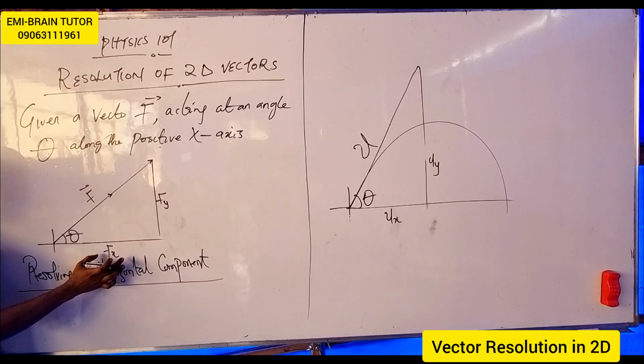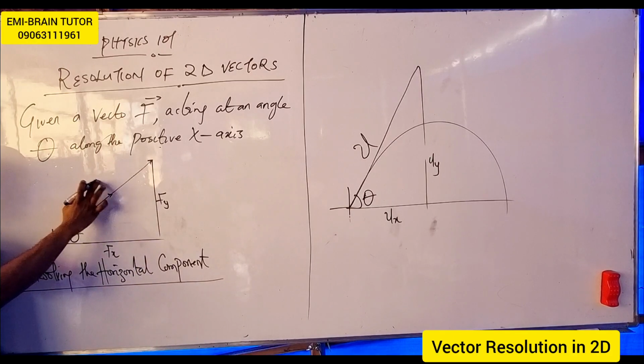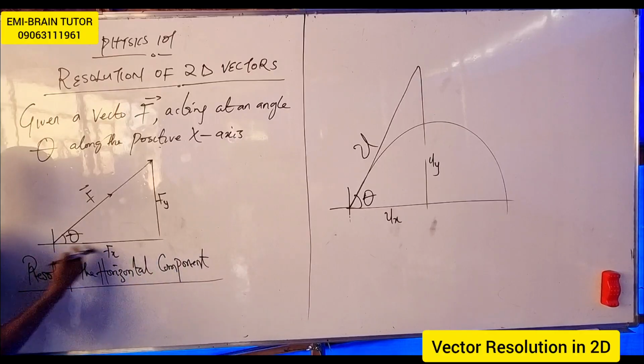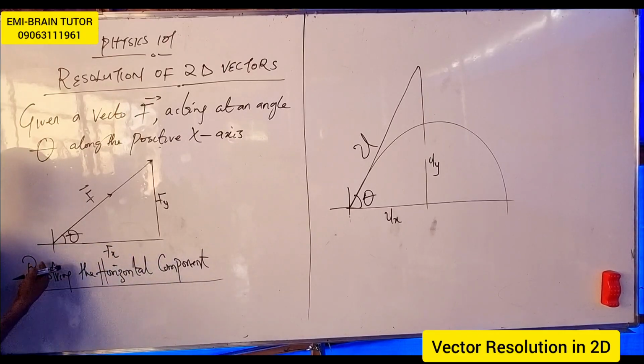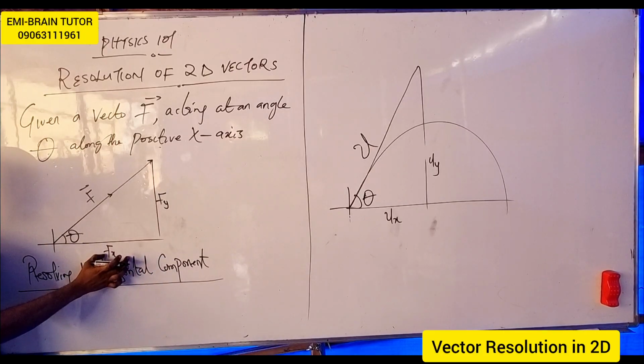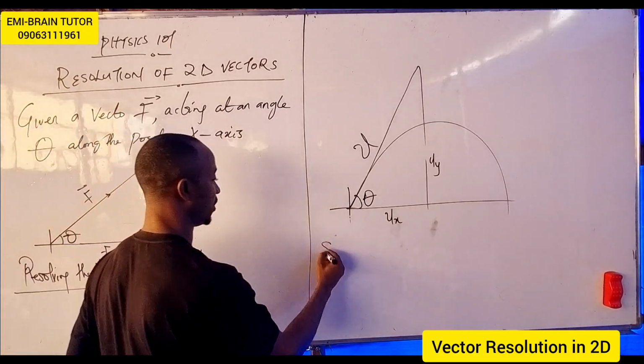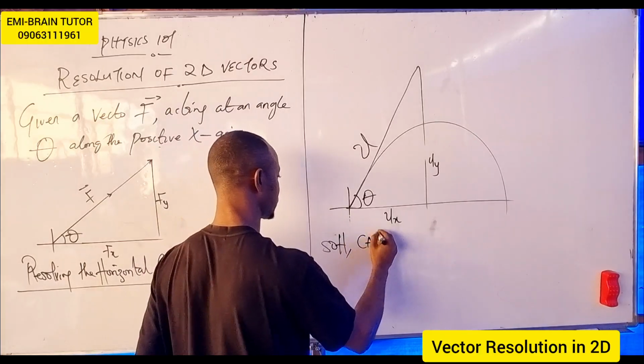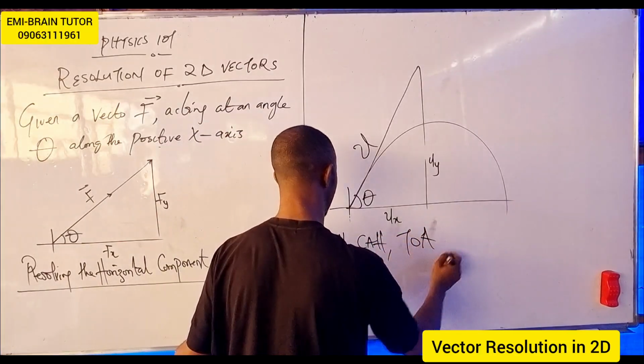If I'm resolving Fx with respect to F, Fx is the adjacent side and F is the hypotenuse. So to resolve Fx, what do we use from the SOH-CAH-TOA principle among these three?